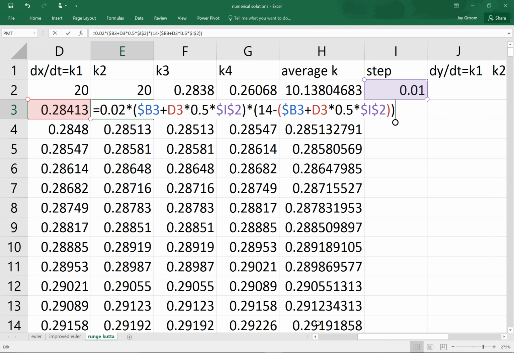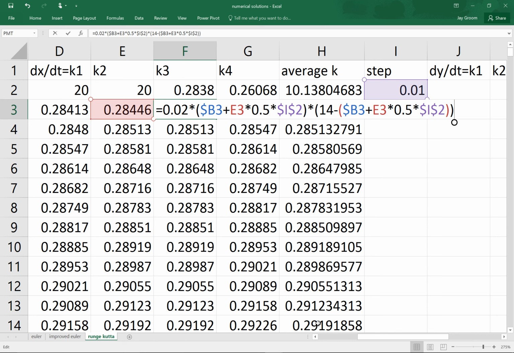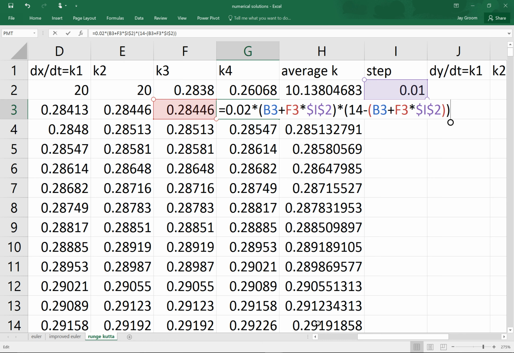The second slope is based on the first slope. That's what I meant. Now the third slope is based on the second slope. Okay, but again, it's at half of the step. And the fourth slope, as you see, is based on the third slope, but it's at the far end, the full step. So here we go.